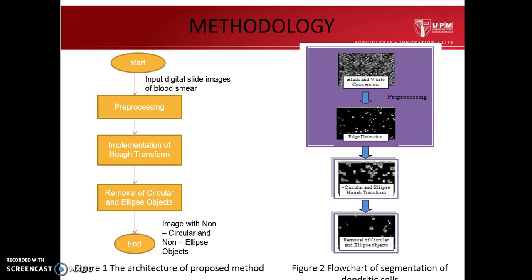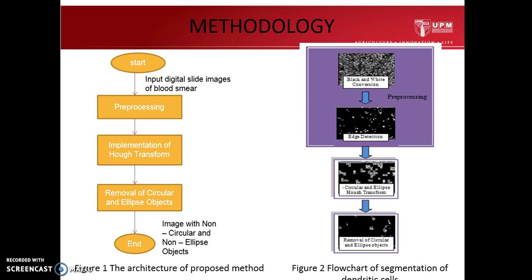For the methodology, as you can see, there are two flowcharts. The first is the flowchart for the architecture of the proposed method, and the second is the flowchart for segmentation of dendritic cells. The flowchart for segmentation of dendritic cells is the same as the flowchart for the architecture of the proposed method.